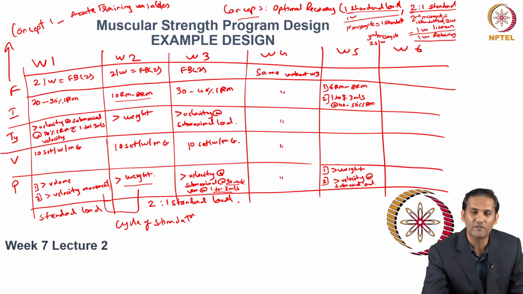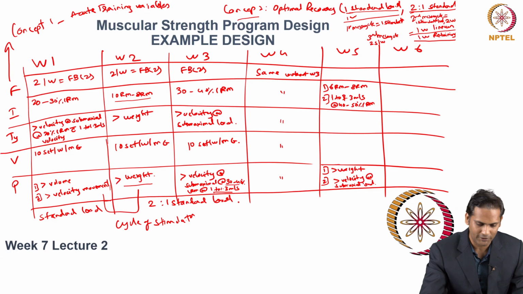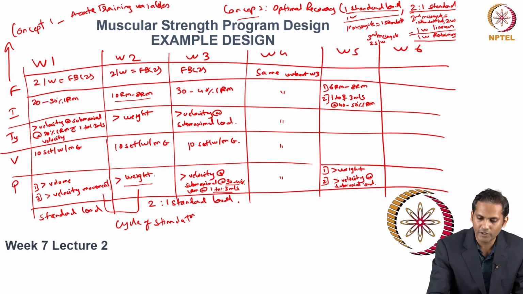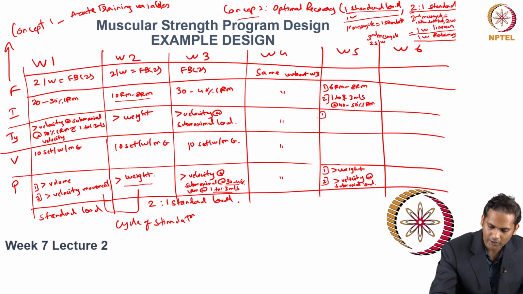So I'm trying to lift a little more submaximal load, but at a higher velocity. So the progression is reflected here. The type of stimulation is greater weight and greater velocity of movement. And volume would be again the same, 10 sets per week per muscle group.